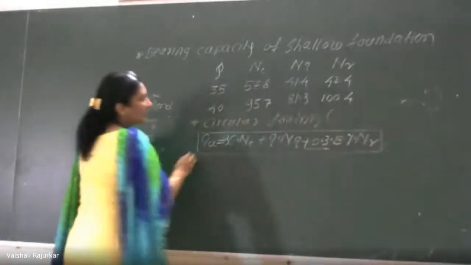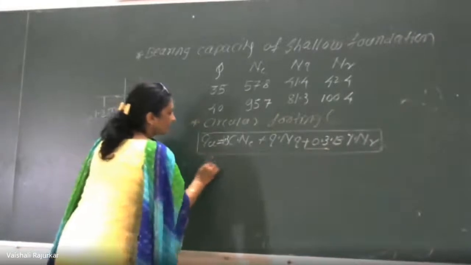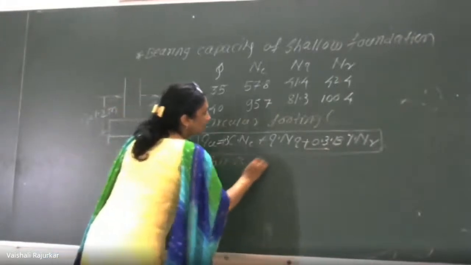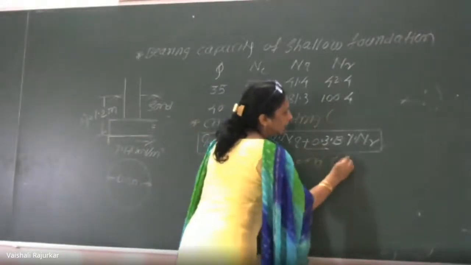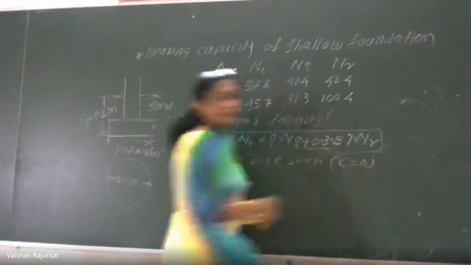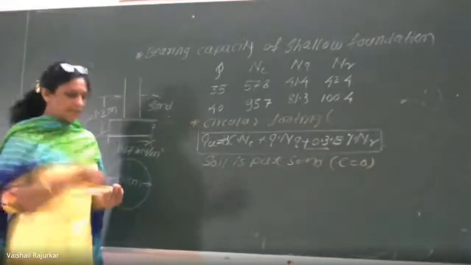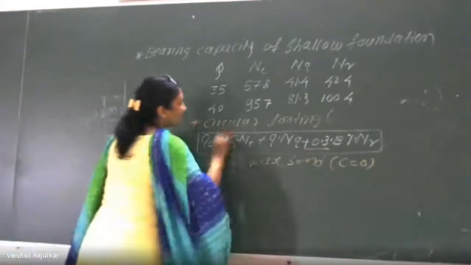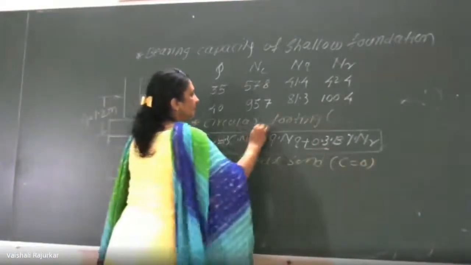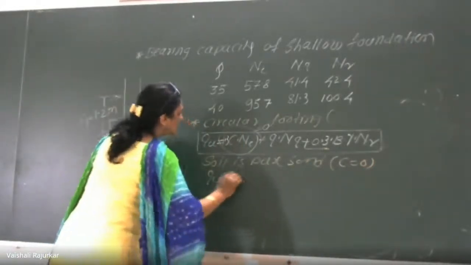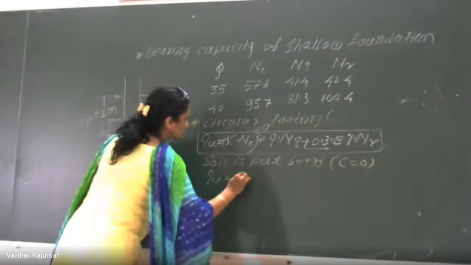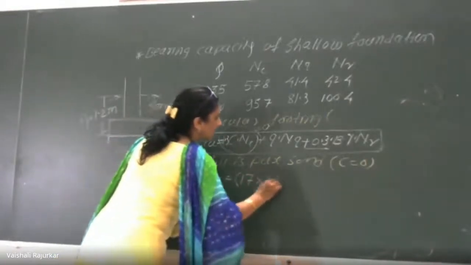Now, if the soil is pure sand, it means the value of C is 0, and therefore the first term will be 0. So in such cases, the value of q ultimate is equal to gamma, which is 17, multiplied by 1.2.